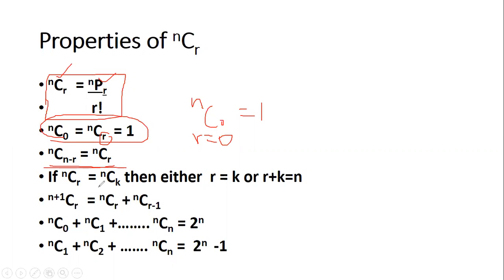Then if nCr is equal to nCk, so k is a different number. Now if nCr is equal to nCk, which means n and n are the same and r is equal to k, then either r is equal to k or r plus k is equal to n. This is a very, very widely used formula. If you get this format in a problem, then it means that either r will be equal to k, or r plus k equals n.